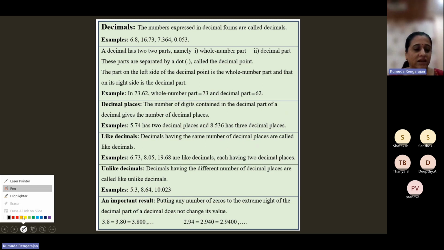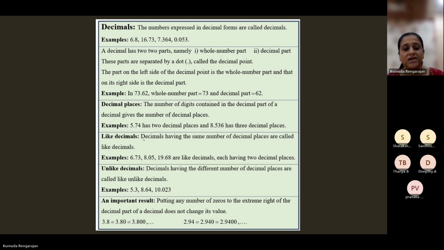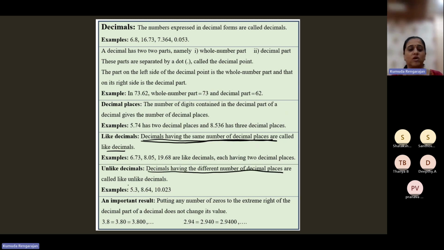So like decimals and unlike decimals. Decimals having the same number of decimal places are called like decimals. Decimals having different numbers of decimal places are called unlike decimals.